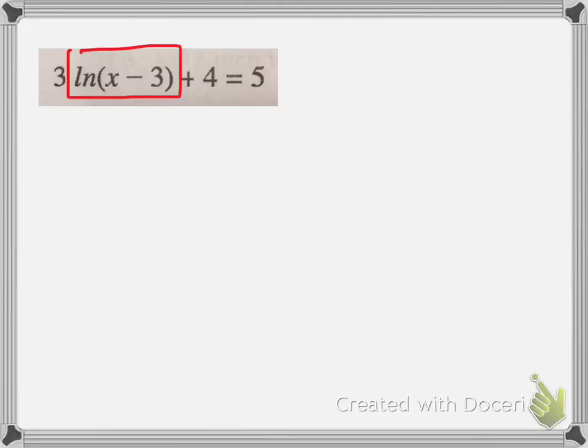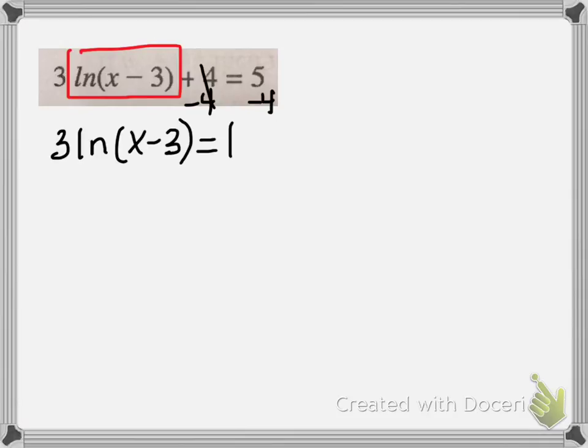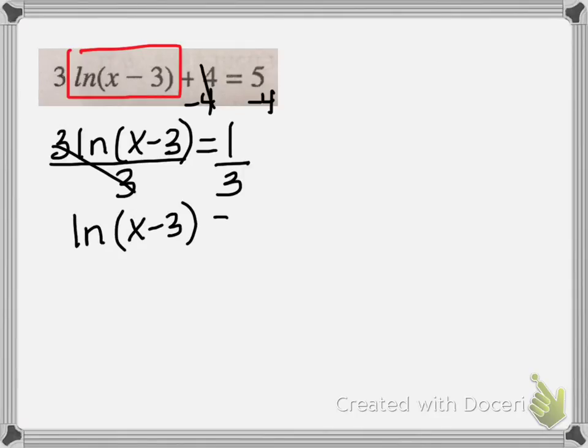So we need to actually move these pieces around. So I need to subtract 4. So this is going to be 3 ln of x minus 3 equals 1. And then I'm going to divide by 3. So that leaves me the ln of x minus 3 equals 1/3.